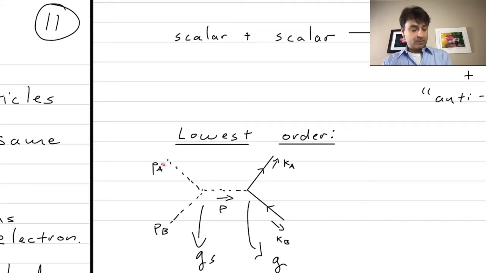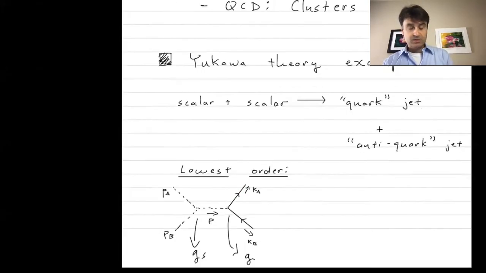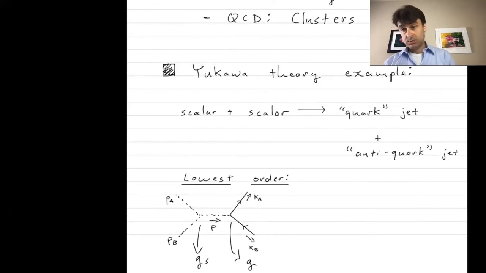Have the two scalars coming in, annihilating by interacting with each other, going into a scalar that then splinters into a fermion anti-fermion pair. And I'll call these fermions quarks just to keep our analogy with the QCD example. Okay, it's Yukawa theory, so it can't really be literal quarks, but let's push the analogy and keep calling them quarks.